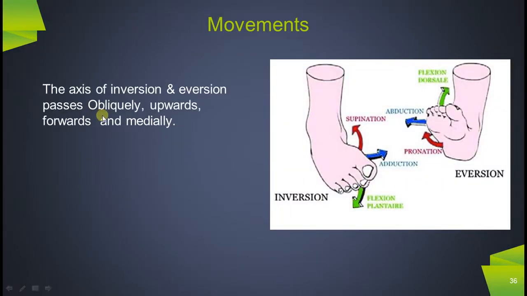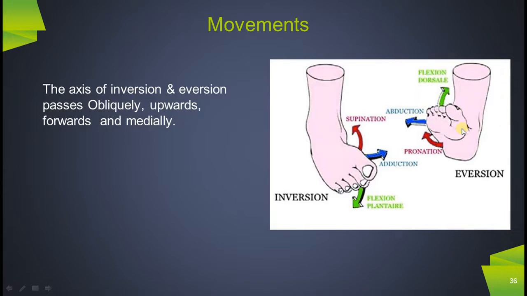Mainly, the axis of inversion and eversion passes obliquely upwards, forwards and medially, from the calcaneum to the talus. It is actually an arc passing through the center of two joints, the mid-tarsal as well as the subtalar joints.